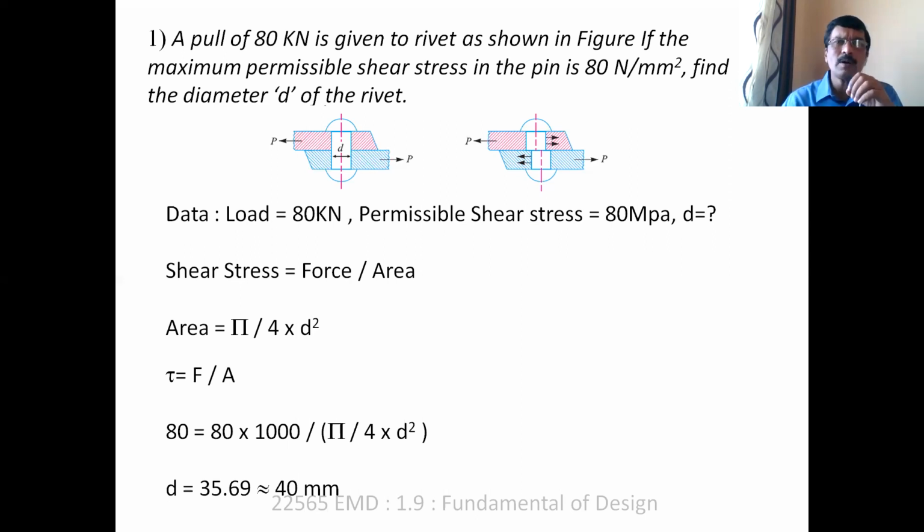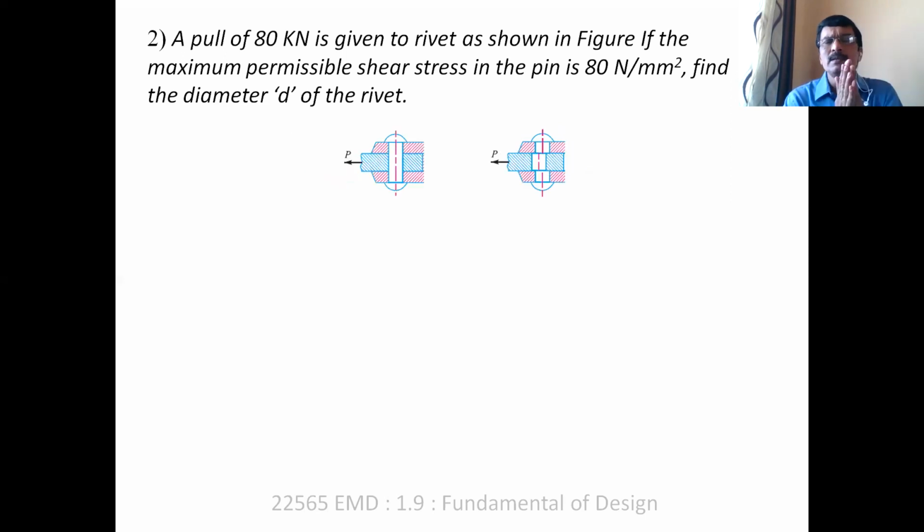Now let us go for one more numerical based on the same thing. This is the second numerical. The statement is the same. A pull of 80 kilonewton is given to the rivet as shown in the figure. If the maximum permissible shear stress in the pin is 80 Newton per mm square, find the diameter D of the rivet. Now look at the picture again. There is a force P, there is a rivet, and if you look at the failure, what is the difference between the first problem and the second problem?